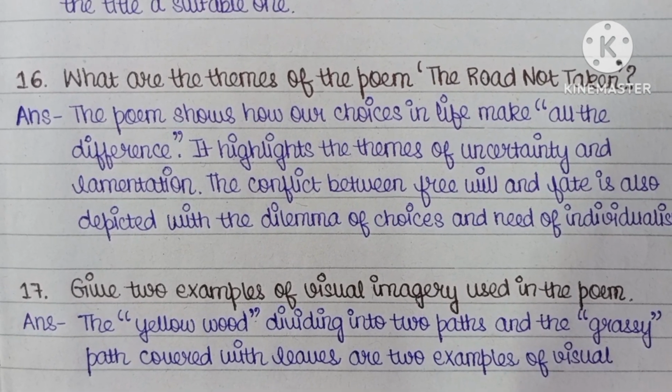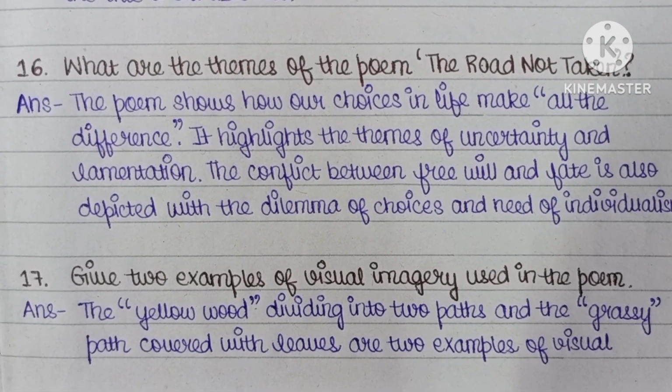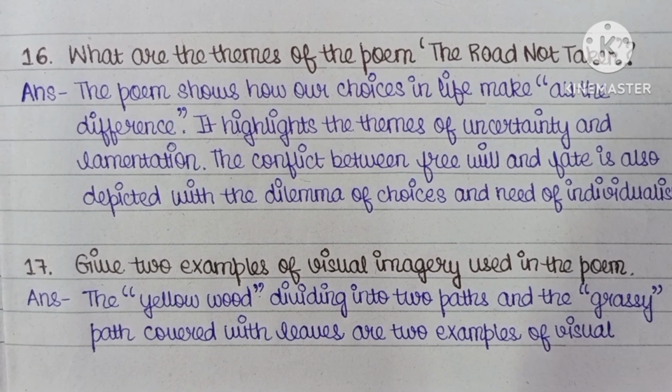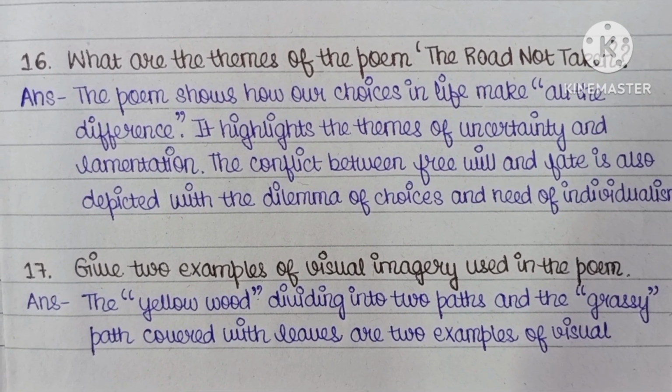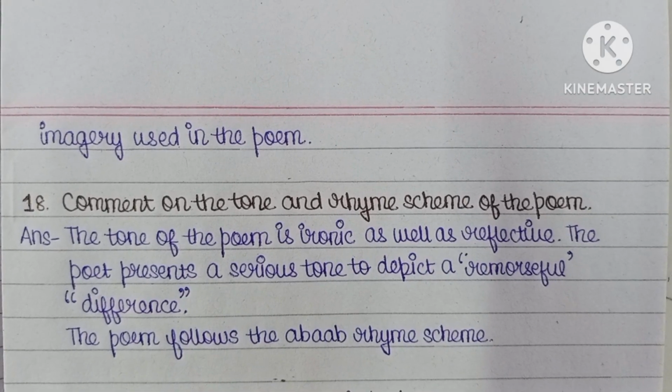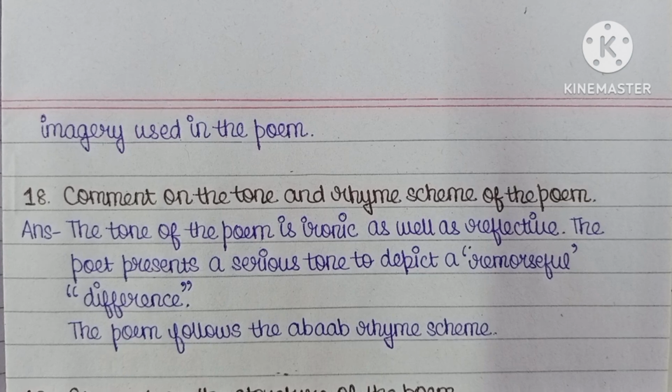The yellow wood dividing into two parts and the grassy path covered with leaves are two examples of visual imagery used in the poem.